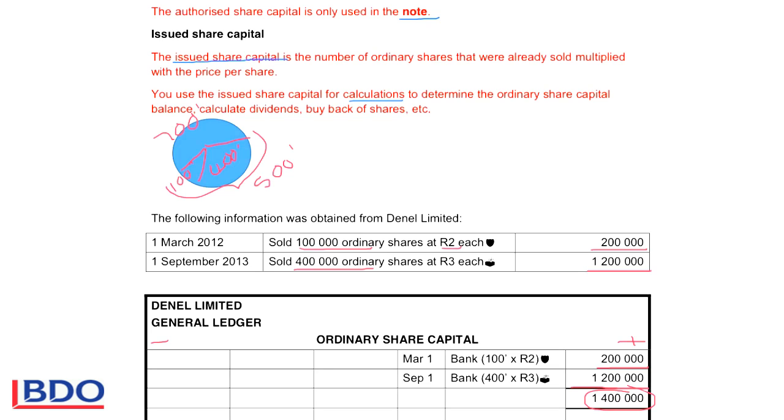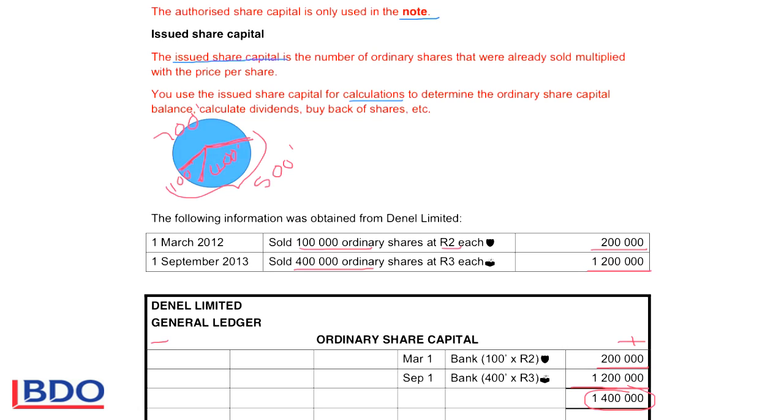The authorized share capital is this blue ball that consists of 1 million shares. And you will never use that to do any recordings. You will go and look every time how many shares were already issued, and then on the number of shares that was issued, you will do all your calculations.